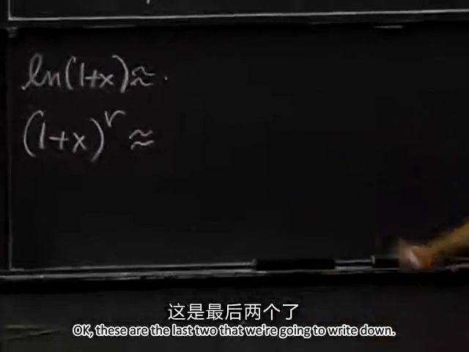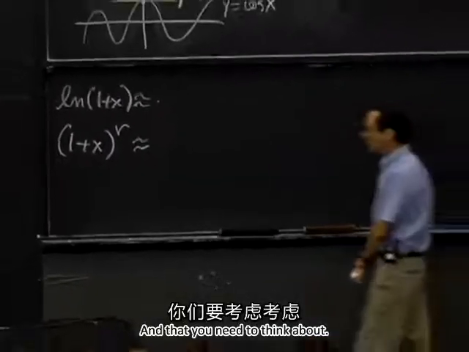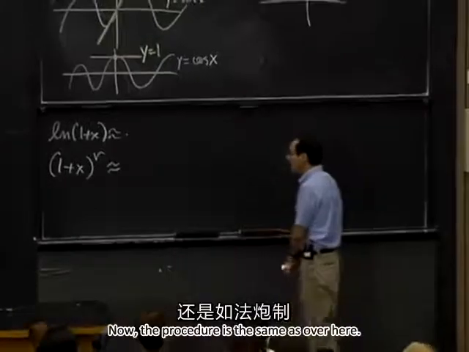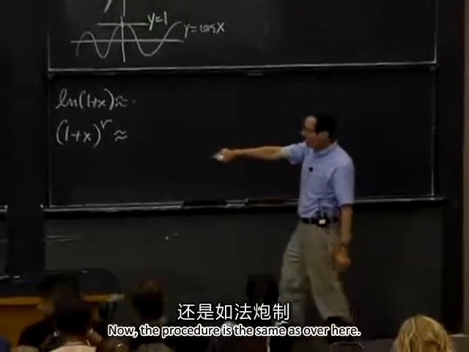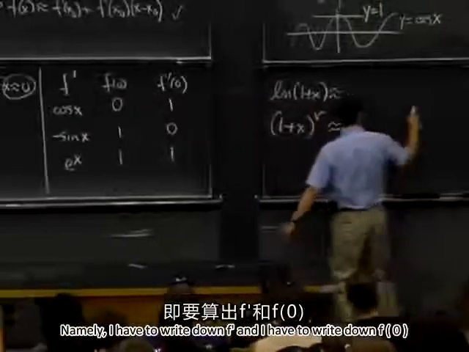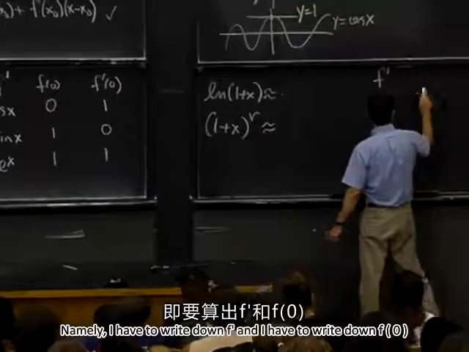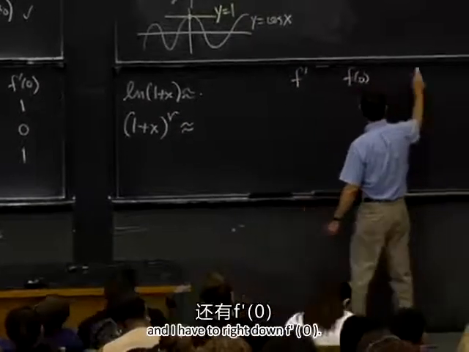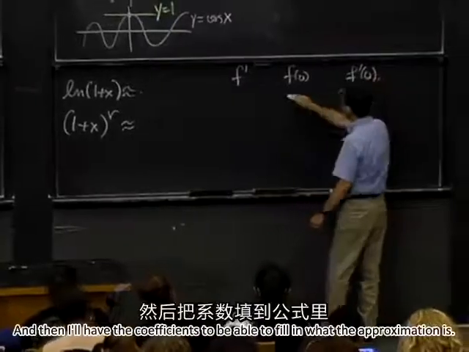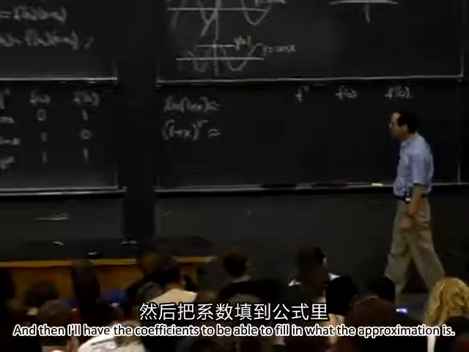These are the last two that we're going to write down and that you need to think about. Now, the procedure is the same as over here. Namely, I have to write down f prime, and I have to write down f of 0, and I have to write down f prime of 0, and then I'll have the coefficients to be able to fill in what the approximation is.